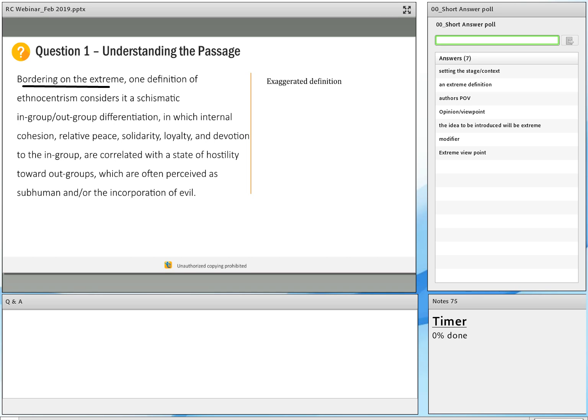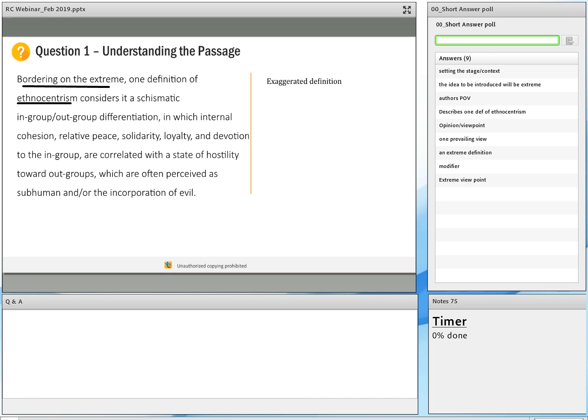So it's a definition of EC. When you see a big word, you always abbreviate it. So let's say the definition of EC, and the author considers that definition to be an extreme or exaggerated definition. So let's see what that definition is.